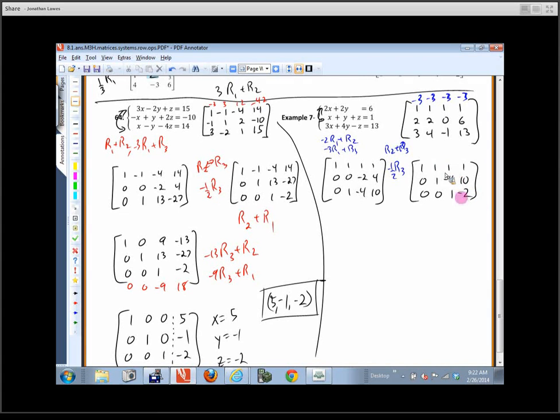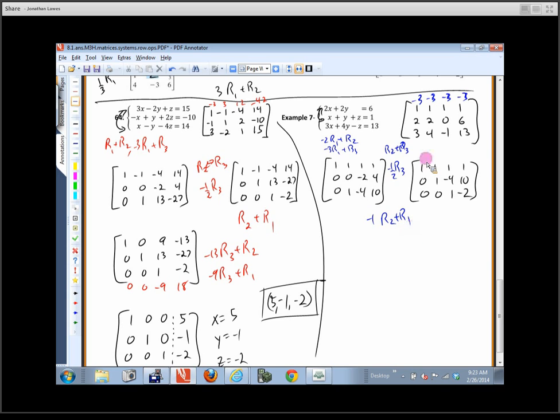I've got 3 goals left, so let's figure those out. I'm going to use this 1 to turn that into a 0. Remember, we said go column by column, use the 1s to make the 0s. Because I don't have this column done yet, I want to turn that one right there into a 0. So I'm going to take row 2, multiply it by -1, and add it to row 1.